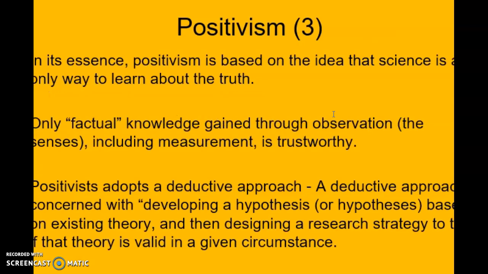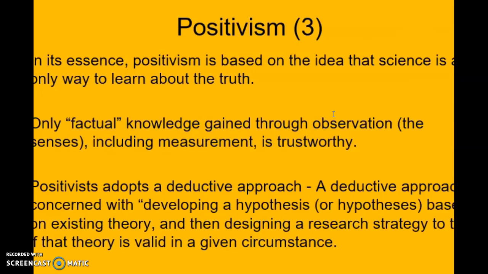In essence, positivism is based on this idea that science is the only way to learn about truth, and that if there is something we're trying to gain knowledge about, then we have to gain that knowledge by getting some type of facts.